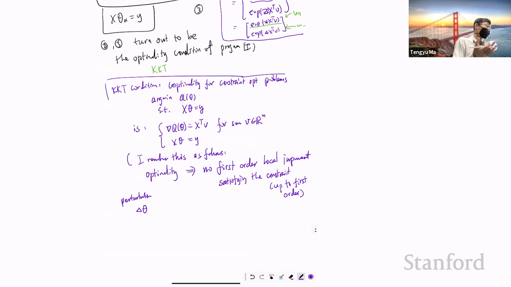So how do you satisfy the constraint? To satisfy the constraint, the perturbation needs to be orthogonal to the row span of X. Because if it's not, you perturb it, you may change the X theta, and then you don't satisfy the constraint anymore. So this is the way to satisfy the constraint, so that X delta theta is 0.